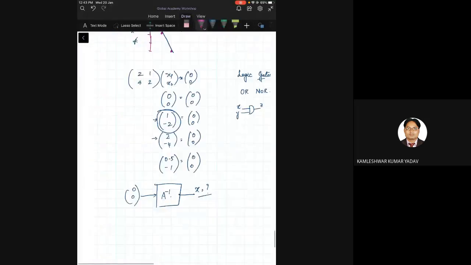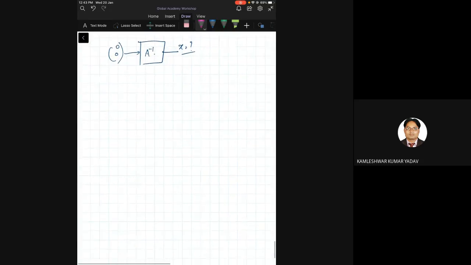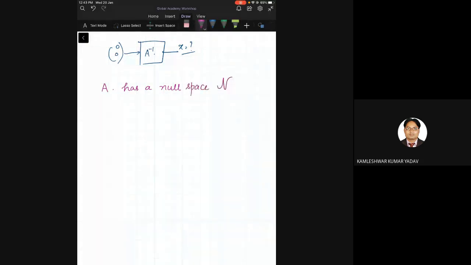So are we able to understand this idea of a homogeneous system? Now, in addition to this null space, the moment I say A has a null space associated with this, null space N(A), which is a subspace. Now, I want to look at A transpose and see whether it has a null space.